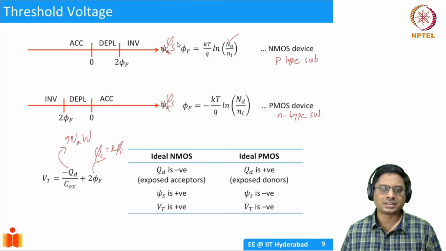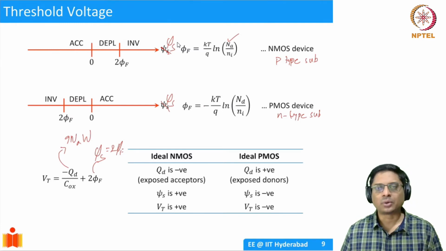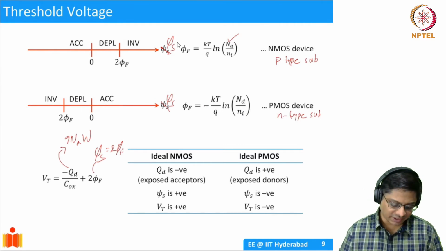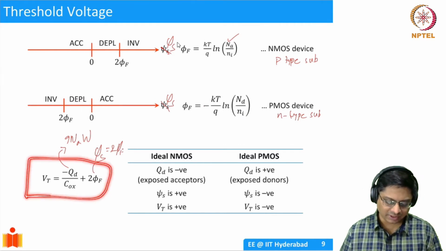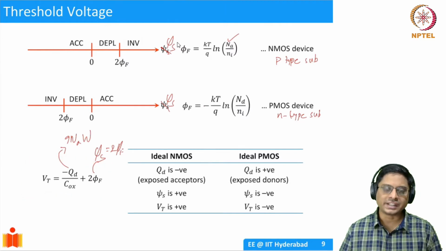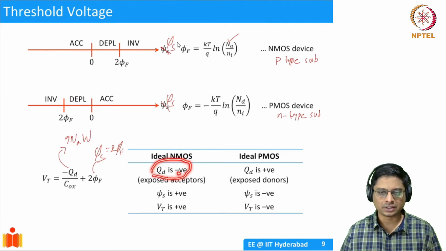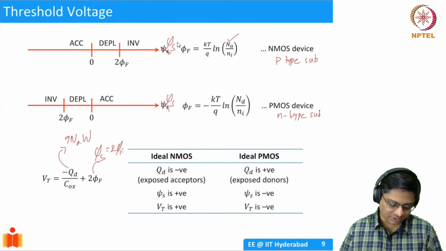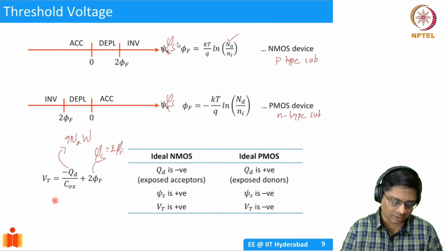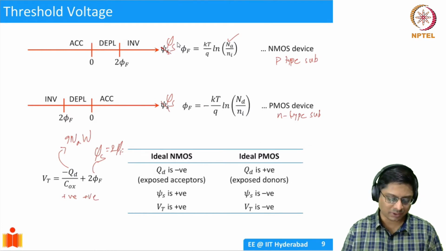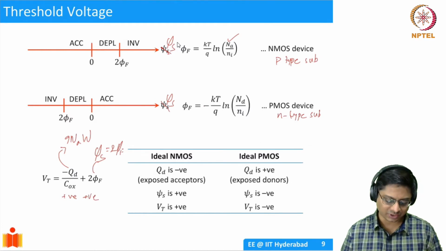One important point I want you to note is in our definition of VT here. In an ideal NMOS device, we are uncovering acceptors, so QD will be negative. If QD is negative, then negative of negative is a positive number, plus a positive number, because 2 phi f is positive at inversion threshold.